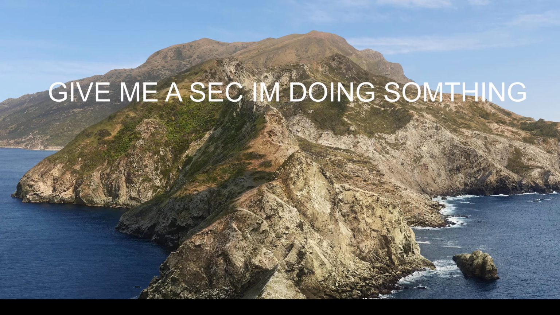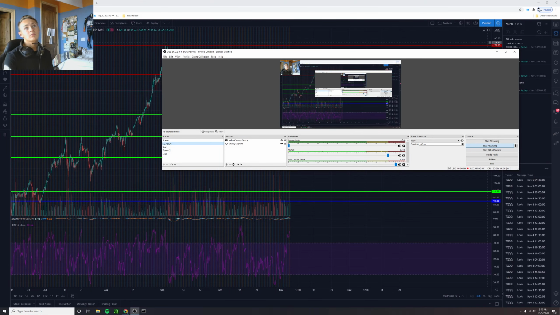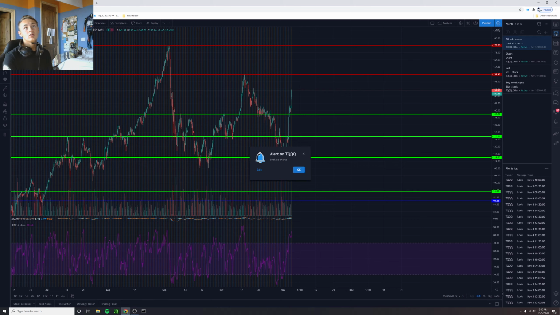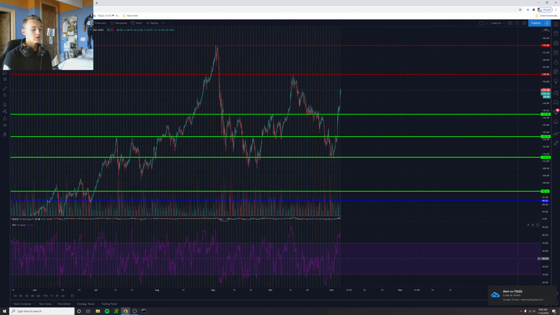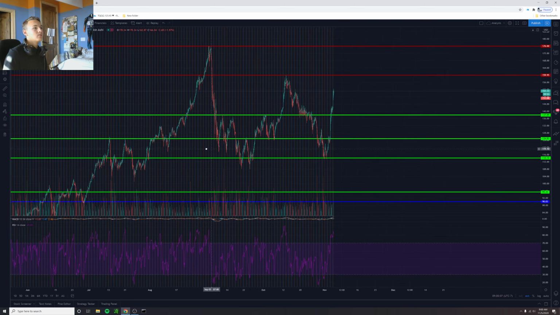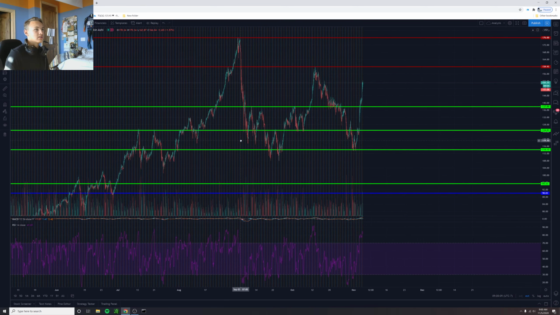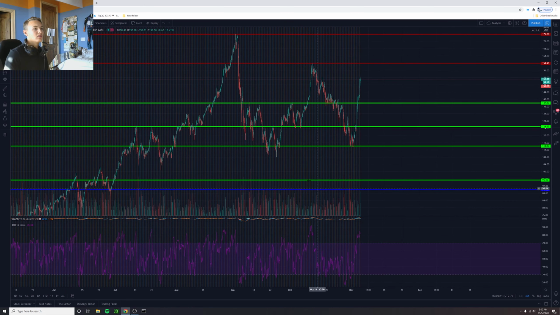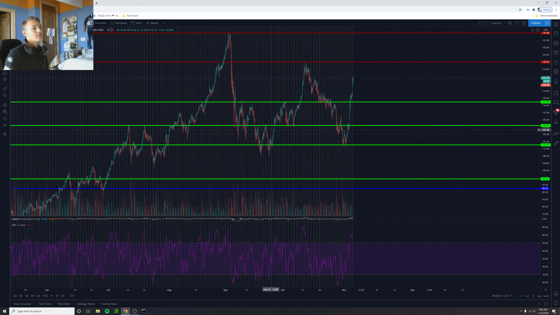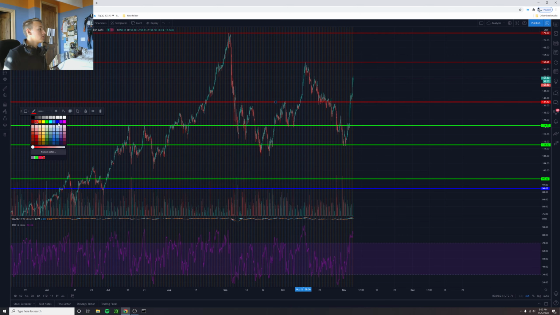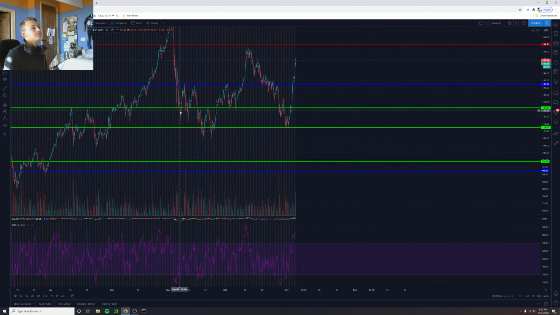Alright, so, as you can see right here, I drew pretty much all the support and resistances, and I categorized them on whether they were a support or a resistance. Sorry, that should be a blue.